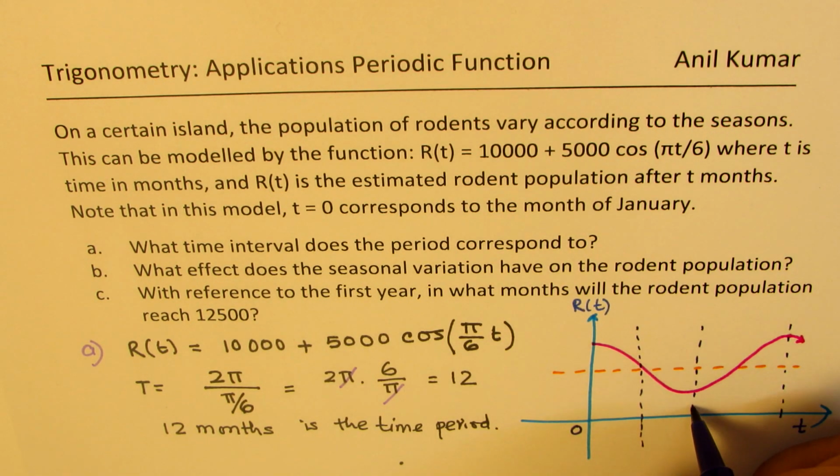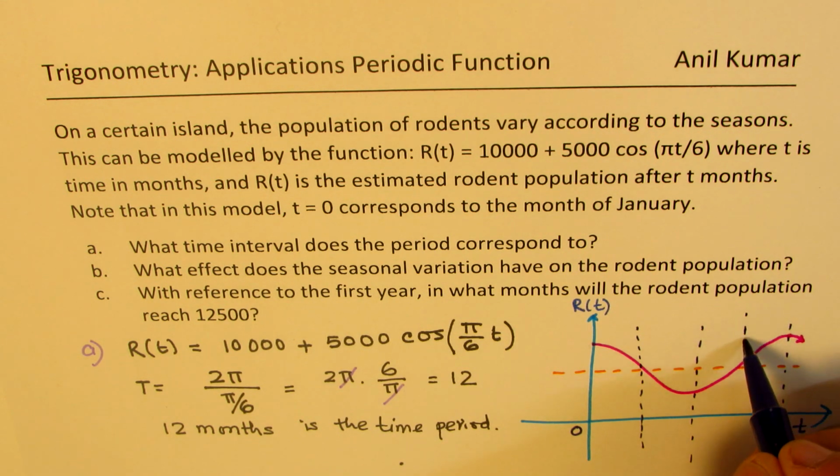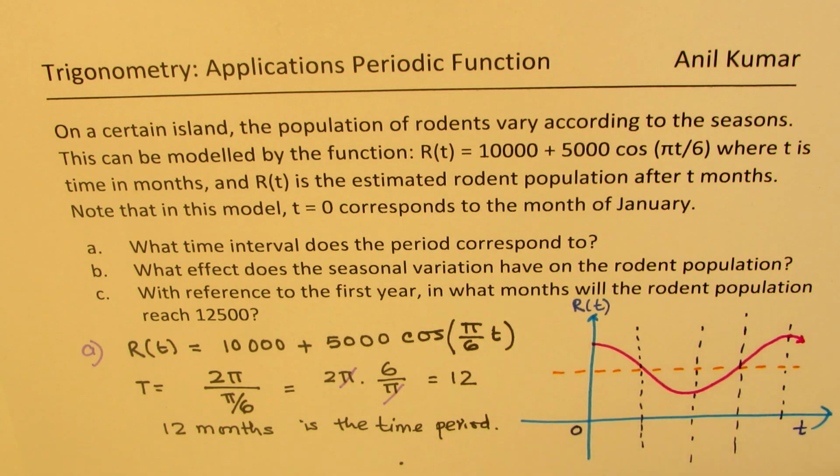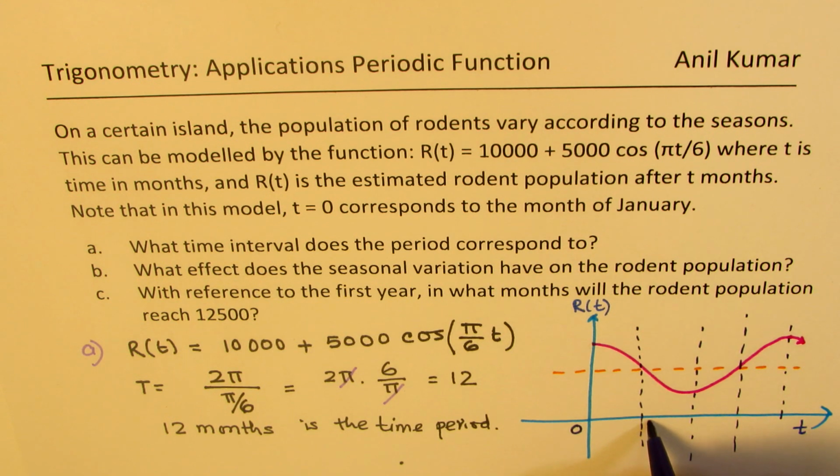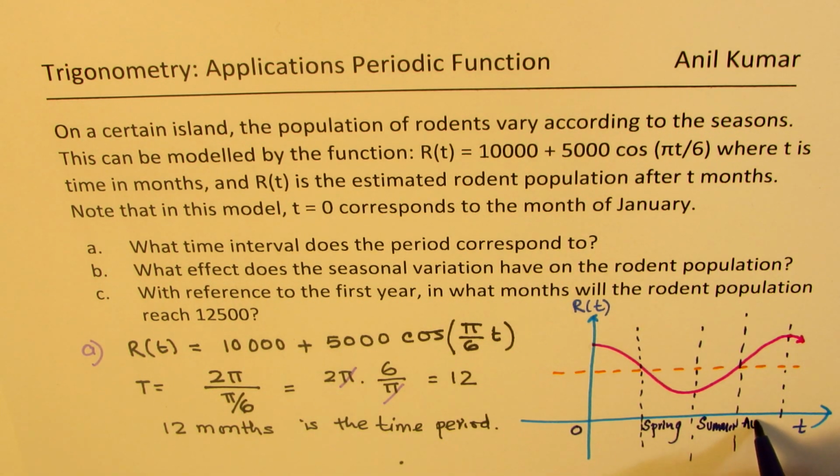So these 4 periods here can describe the seasons. Here we have spring, this could be summer, and then autumn, and then winter.